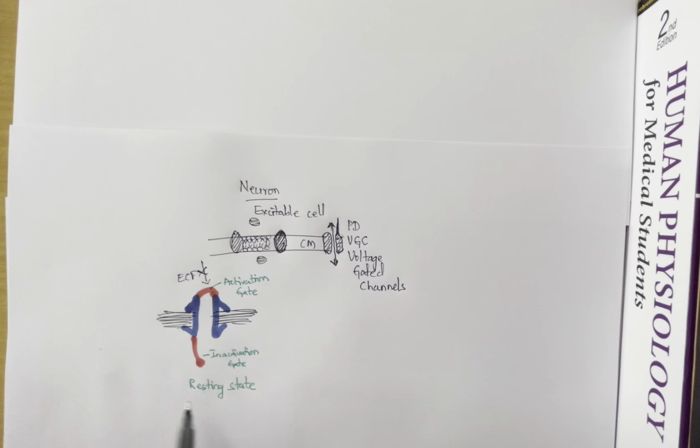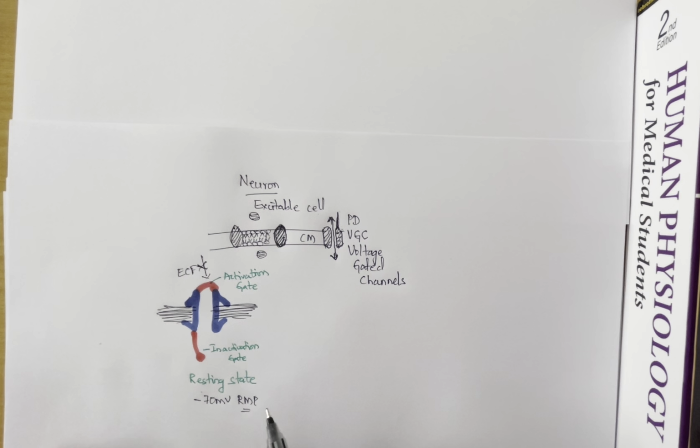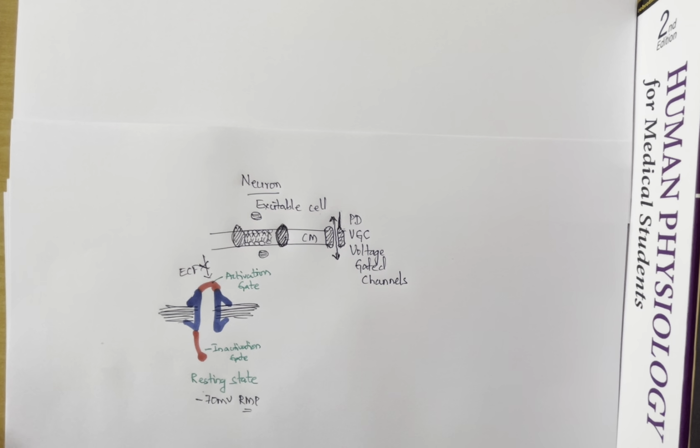So this state of the voltage gated sodium ion channel is at minus 70 millivolt during resting membrane potential state. So this is the resting state of ion channels. Now how these voltage gated sodium ion channels respond to change in membrane potential, we'll discuss now.